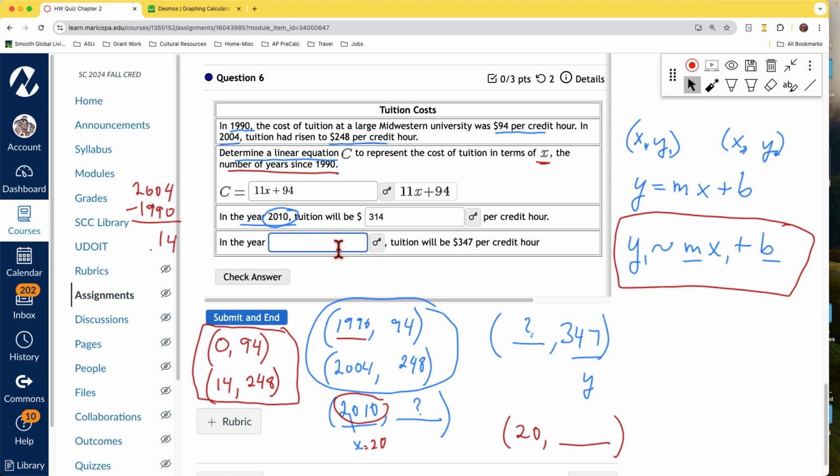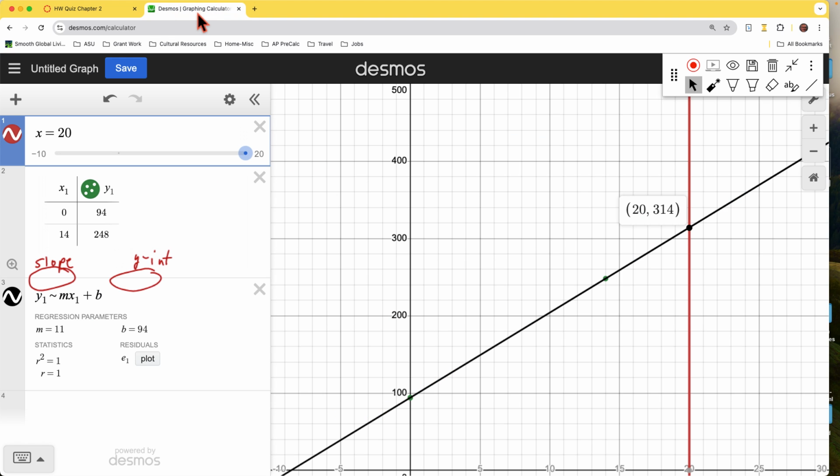And then the last one, question? No? Okay. Last one is 347, when will the tuition be that amount? So the question is, that's a y value, right? We're looking for what year, we're looking for the x value. So we do exactly the same thing. We're going to add another expression.